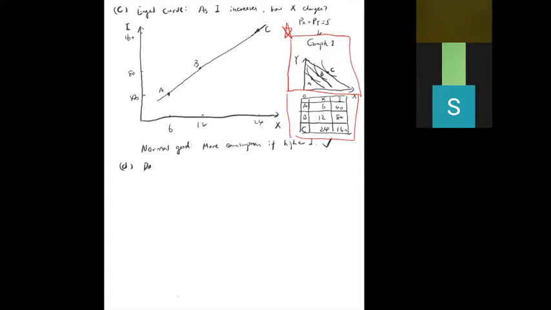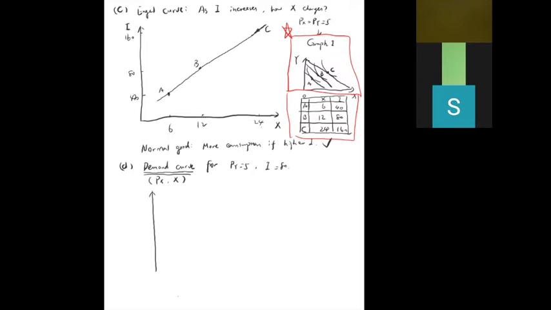So we need to draw the demand curve for Px equals 5 and I equals 80. So for the demand curve, that means we need to draw the demand for X. The demand for X should just be if Px equals certain values, how many X consumption will you have?